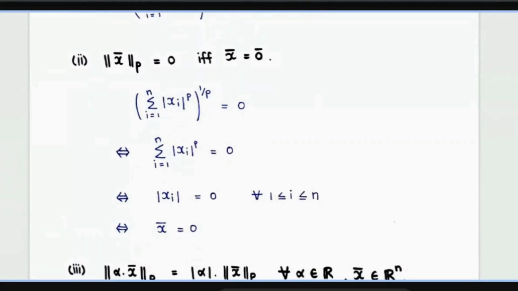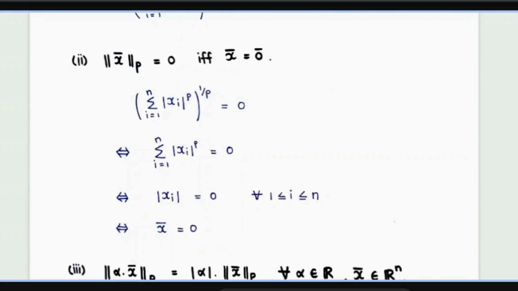The second property says the norm of x bar is equal to 0 if and only if the vector x bar is equal to 0. Now consider the norm of x bar equal to 0. What does it say? The summation of modulus of x_i to the power p, whole to the power 1 by p, is equal to 0, which implies the summation of modulus of x_i to the power p is equal to 0.